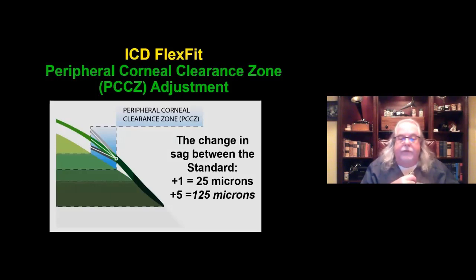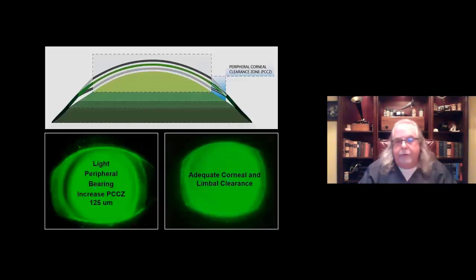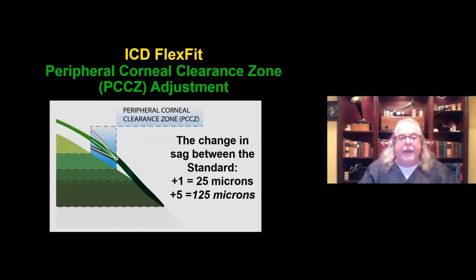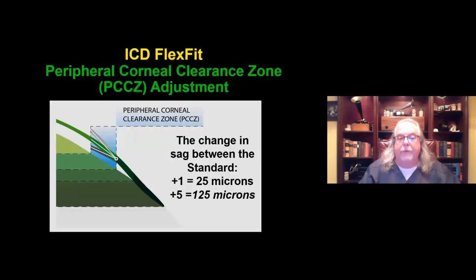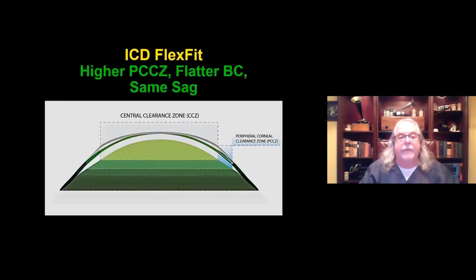But again, to create a clinically significant change, I'm going to really go to a +5 and create a 125 micron change. What that will do is it will create that image we see here on the right. And that is a lens with adequate peripheral clearance.